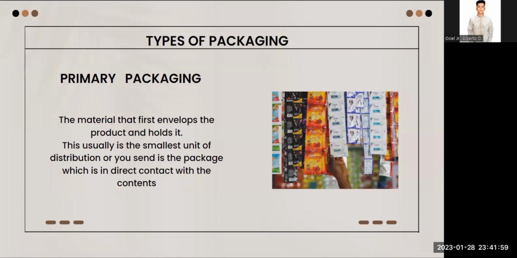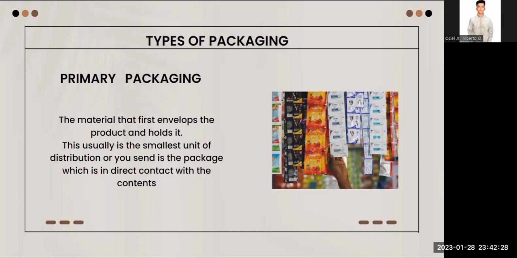It is usually the smallest unit of distribution, the package which is in direct contact with the content. For example, you can see in that picture, these are what we usually see in stores, the ones we can hold, like shampoo, the Palmolive, the conditioner, like that.